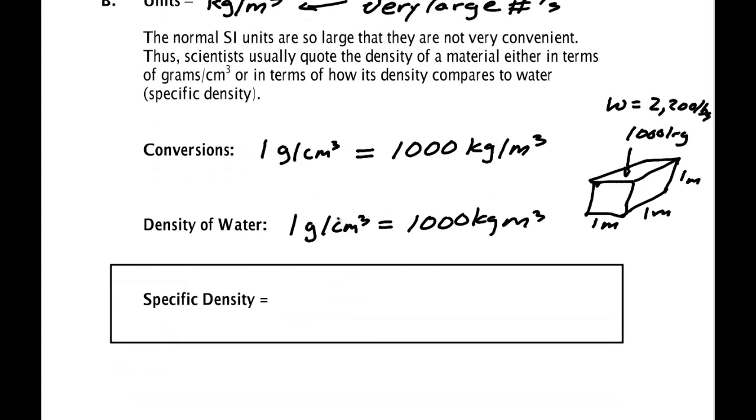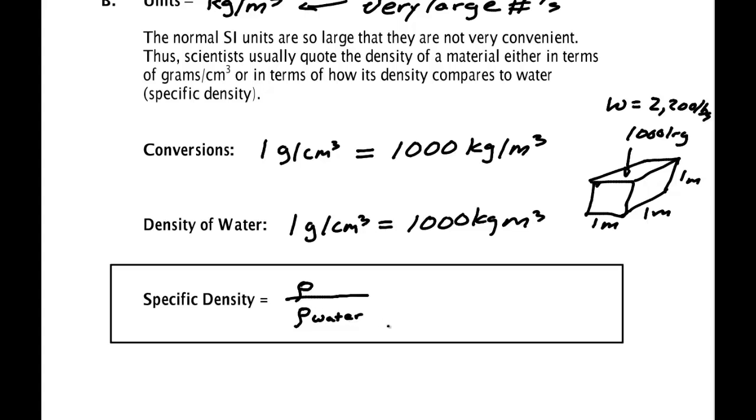Rather than do like this, what we often will do is speak about specific density. Specific density is the density of the material divided by the density of water. So as you can see, since the density of water is 1 gram per cubic centimeter, then we'll often have something like, for instance, 8 grams per cubic centimeter divided by 1 gram per cubic centimeter is just 8.